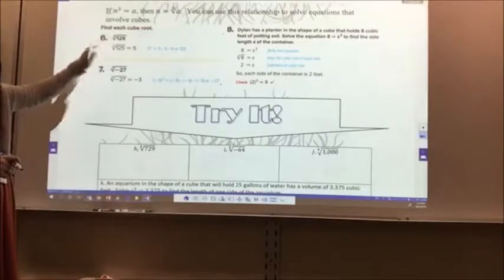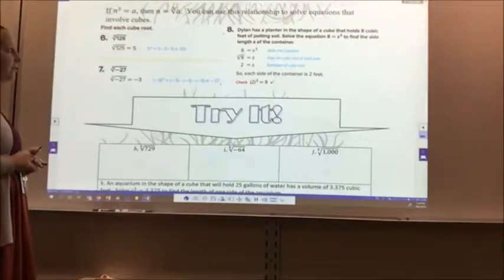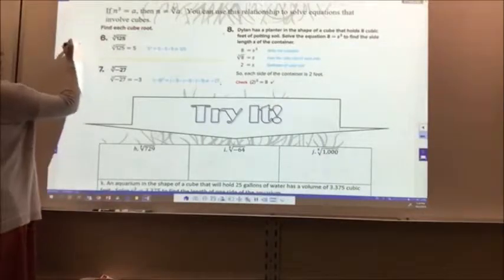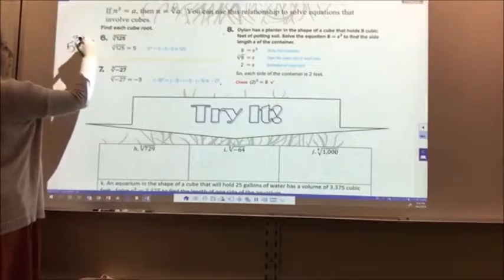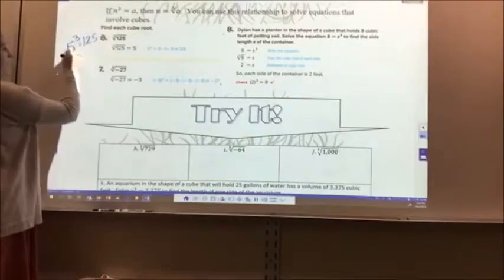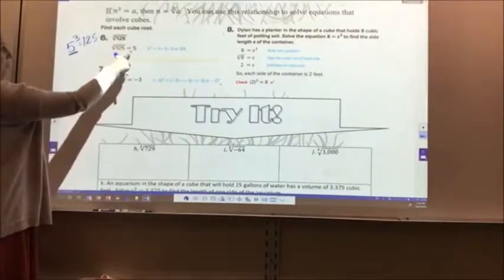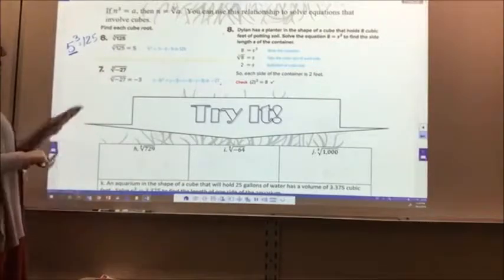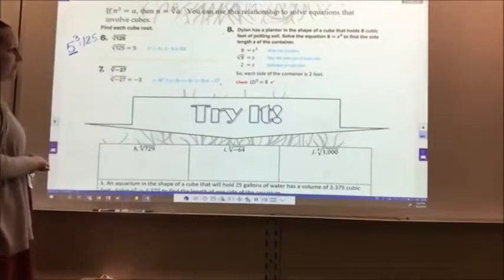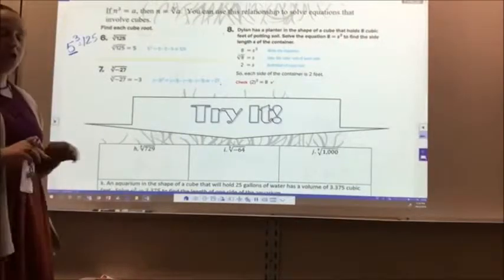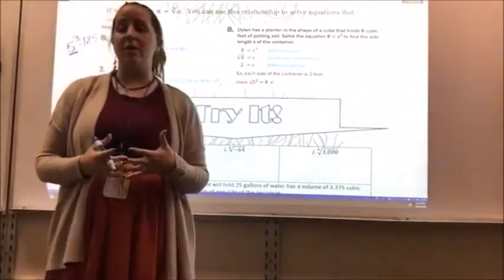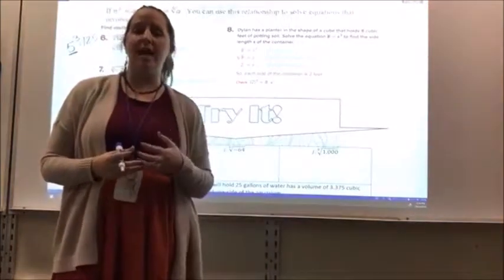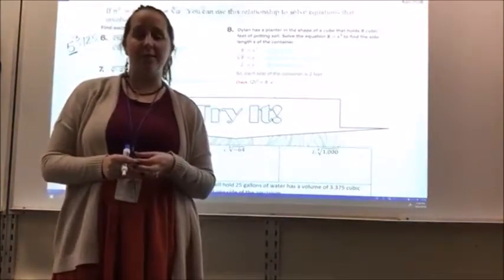Number 6, I have the cube root of 125. Well, this is really like saying 5 cubed, I know, is 125. So my factor, my base, is 5. So the cube root of 125 is 5. For number 7, I have the cube root of negative 27. Now, cube roots are a little bit different than square roots, and we can deal with negatives inside the radical symbol.